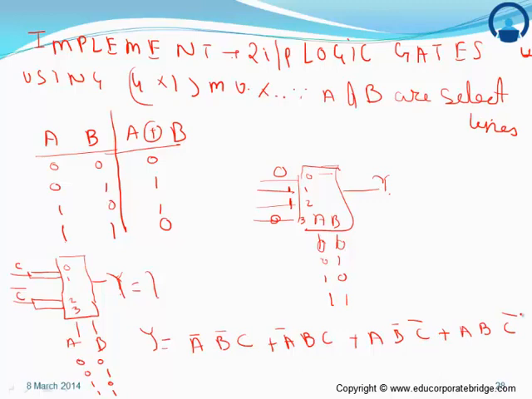So if we try to sort this out, taking A bar and C as common, this gives B plus B bar, and A C bar gives B plus B bar. So the final output will be A XOR C, which is equal to A bar C plus A C bar.